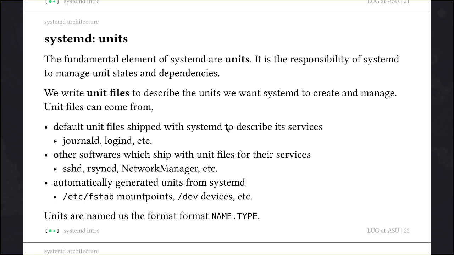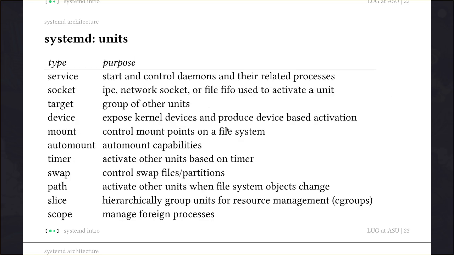There's also automatically generated ones. Believe it or not, things like mount points and devices have unit files associated with them. Obviously, those things still exist in their literal sense, but the unit encapsulates them and describes them to the larger system. The naming format for these is usually name.type. So you'll have a .mount or .service, which I have enumerated over here.